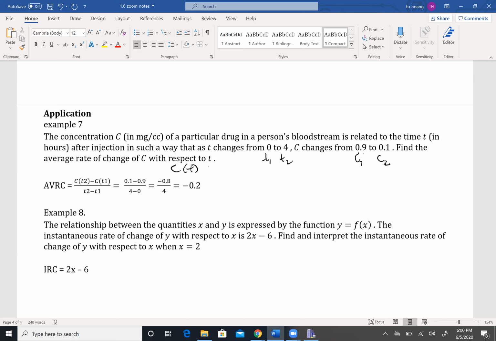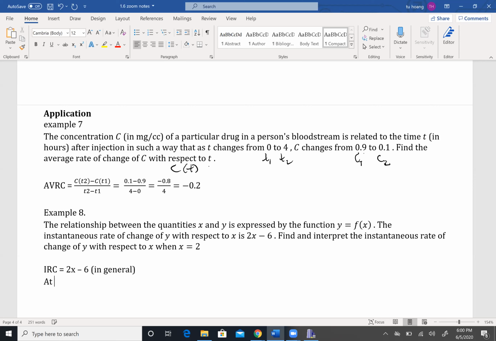Okay, so IRC equal to 2x minus 6. Oh, so this is in general. Okay, so in general. Right?